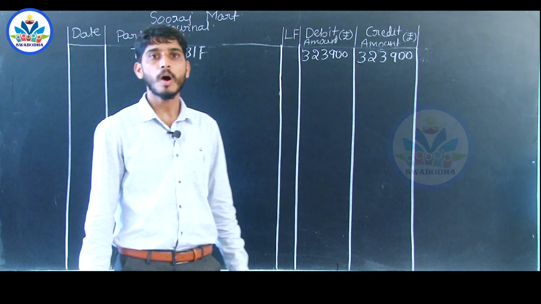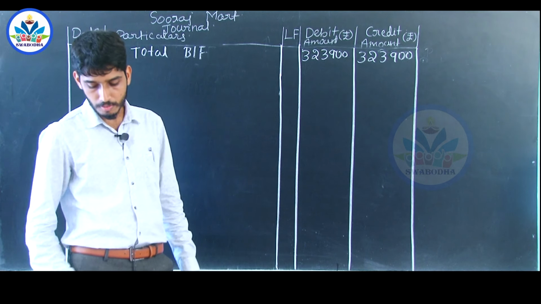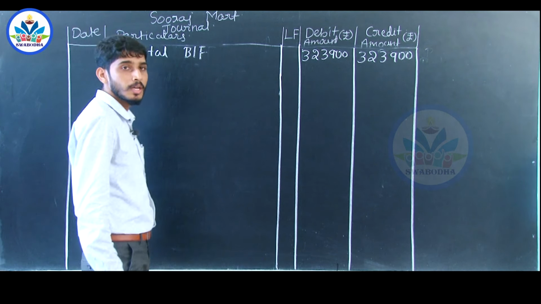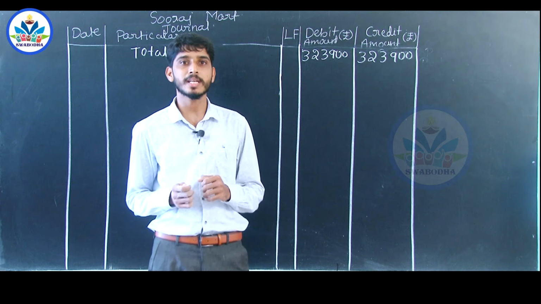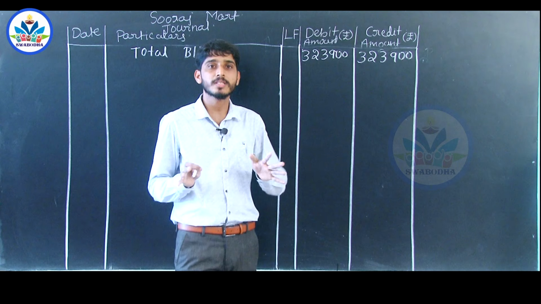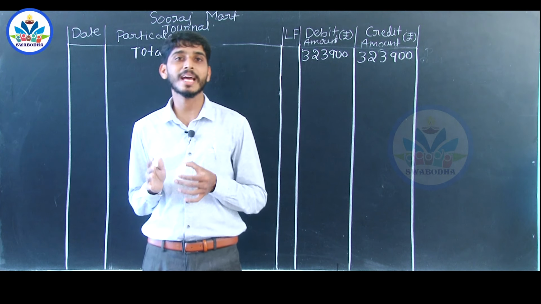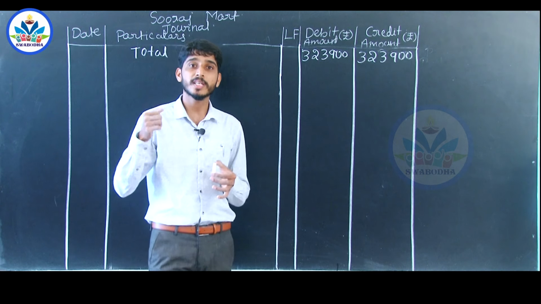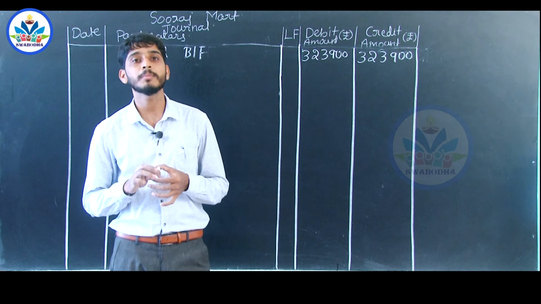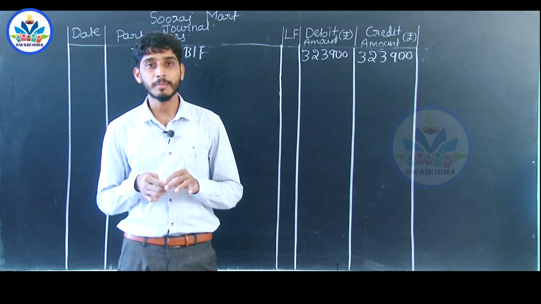That means the owner of the business has withdrawn cash from his business for his private or personal use. Whenever such cash or any other things have been withdrawn from the business for the personal use of the owners, we term it as drawings in business.